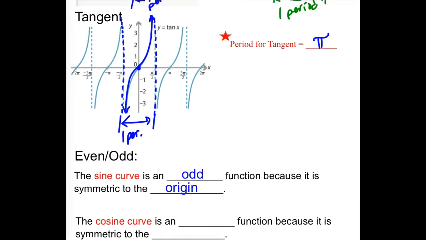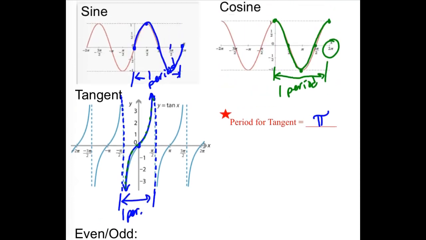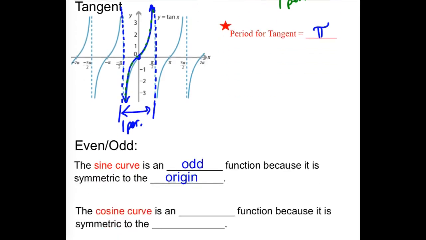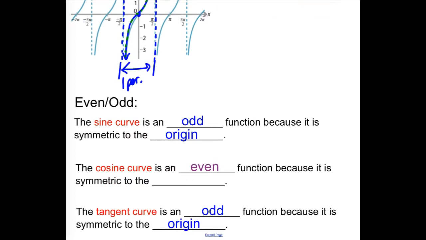Again, if we spin our tangent curve, this piece here would land up here. Okay? Cosine, though, is a little different. Cosine is symmetric to the y-axis. If we take this chunk and this chunk of it, you can see that it is symmetric. So a cosine curve is going to be an even function because it's symmetric to the y-axis.